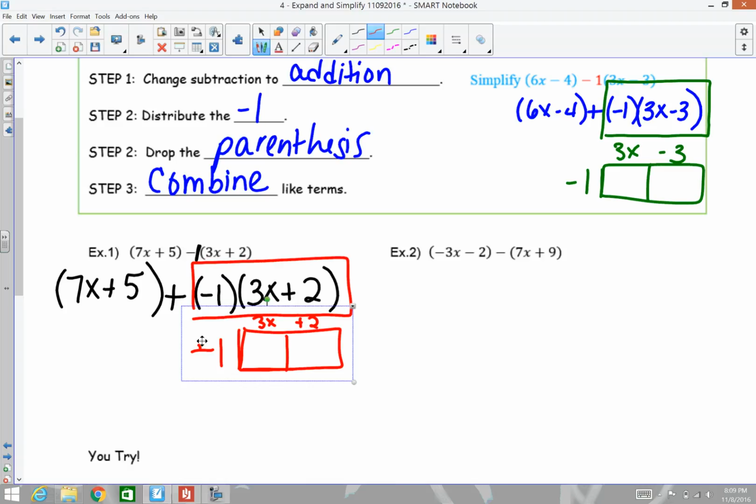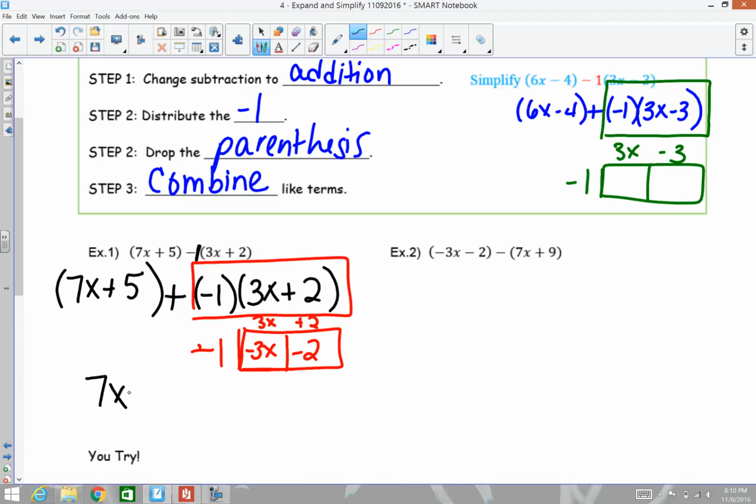Okay, negative 1 times 3x is negative 3x. Negative 1 times 2 is negative 2. Hopefully we start recognizing that by multiplying by negative 1, you're really just changing all of the signs inside. Okay, and I'm now going to replace this box with my new box, and I can drop the parentheses.